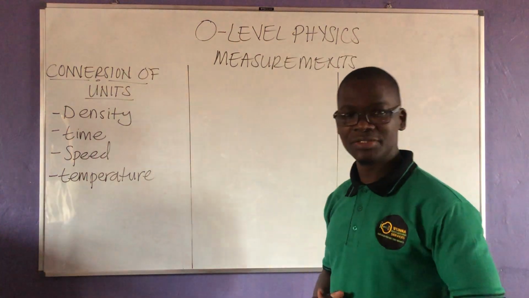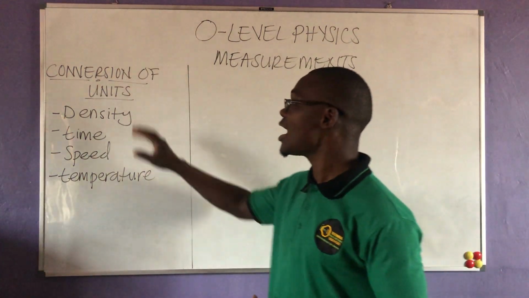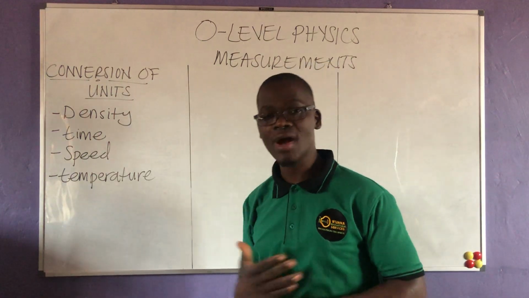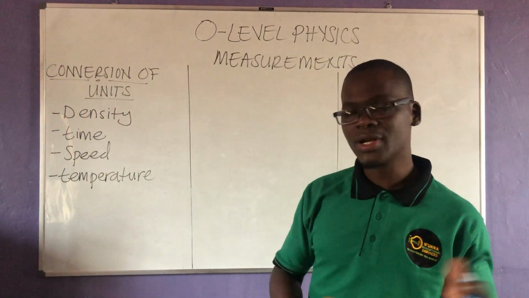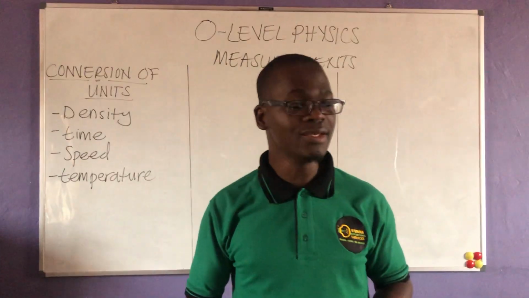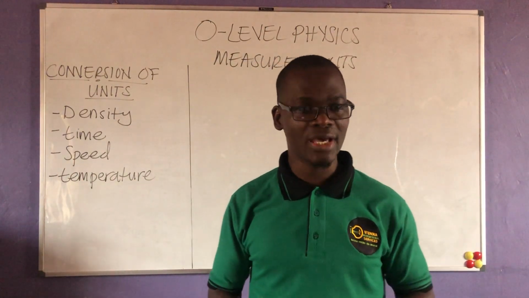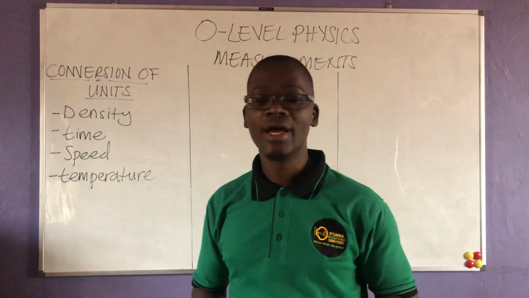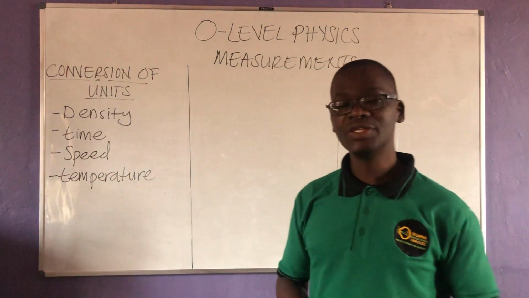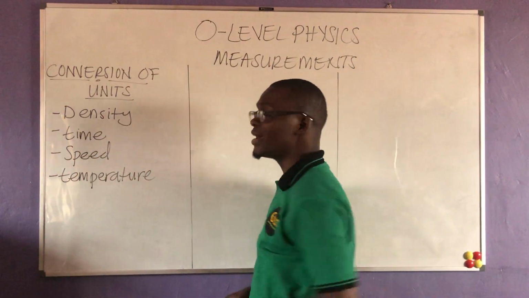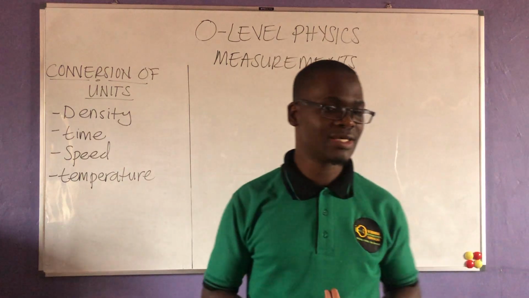Under measurements, we are discussing how to convert units of quantities from one to another. So far we have seen units of length, units of area, volume, and mass. In this particular video, we shall be looking at how we convert units of density.